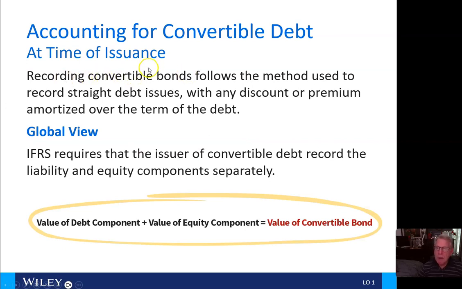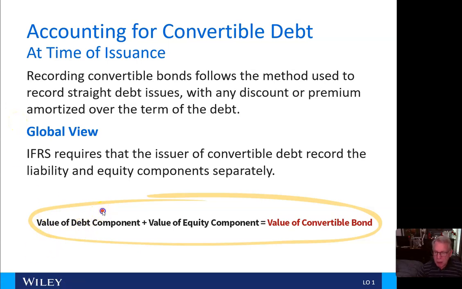So at the time of issue, we're going to look at recording convertible bonds. And that follows the method used to record straight debt issues with any discount or premium amortized over the term of the debt. So looking at a global view briefly here, IFRS requires that the issuer of convertible debt record the liability and equity components separately.